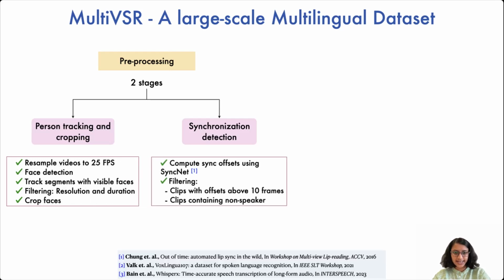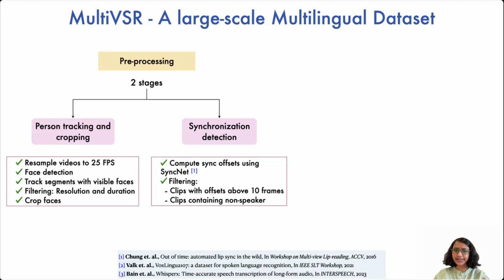Next, in the synchronization stage, we verify whether the visual crop is synchronized with the corresponding audio segment. To do so, we use a pre-trained model called SyncNet to calculate synchronization offsets and discard the crops where the offset is about 10 frames.